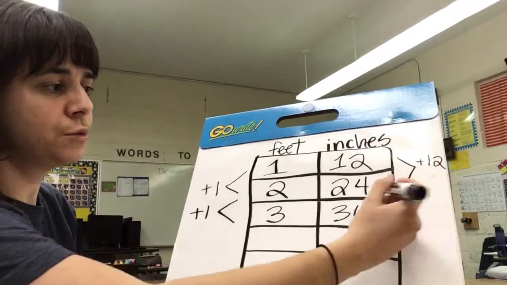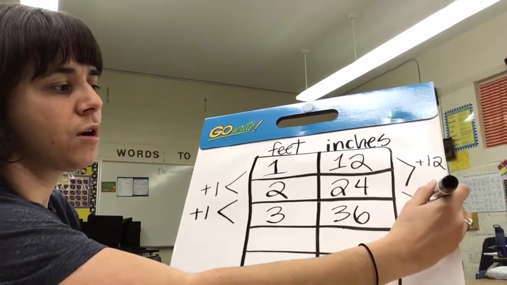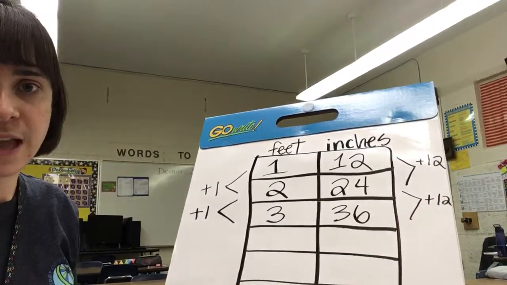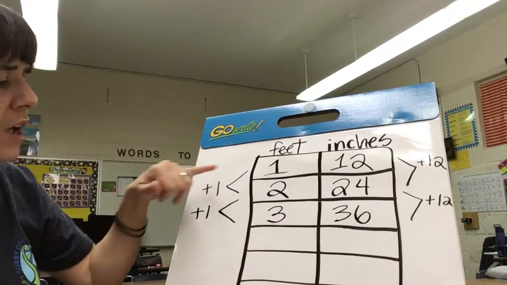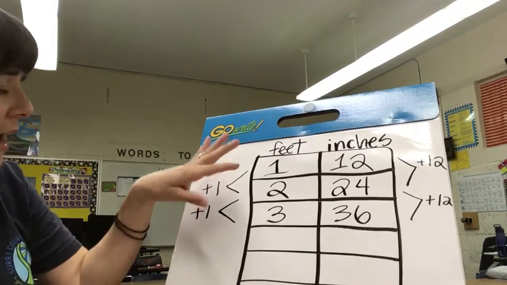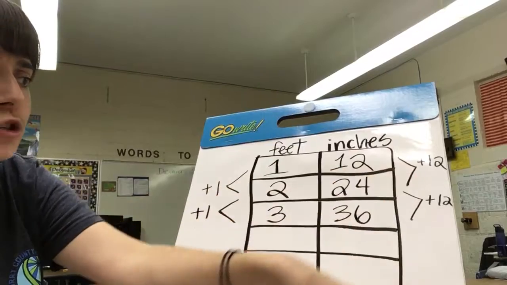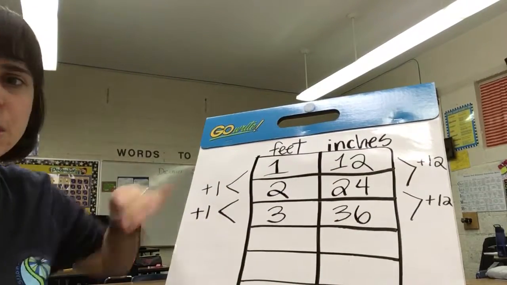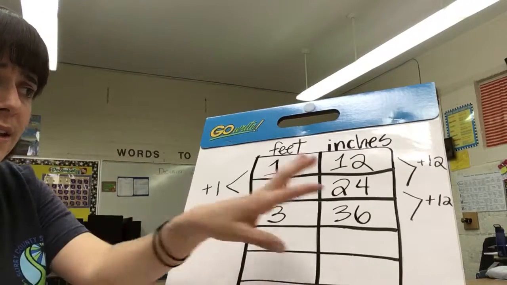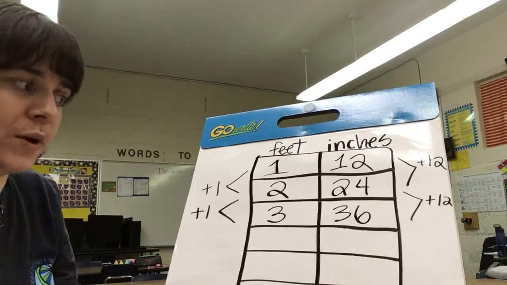So 12 plus 12 is 24, 24 plus 12 is 36. And we could keep going. That would be a pattern that you could use. I could keep adding 1 to my feet and continue to add 12 to my inches, but sometimes you're not going to be able to draw this whole chart and keep counting by 12s.